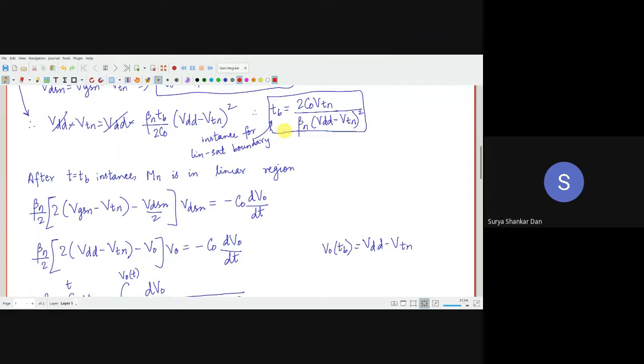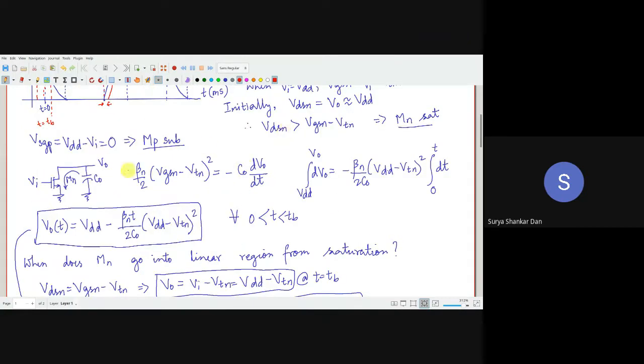All I'm going to do is just notice this relation, minus CO dVO/dt. Why am I calling it minus? Because it is basically the current which is flowing out of the CO. In fact, if we go by the direction of the current, we could have also written CO d/dt of 0 minus VO, looking at the current direction from here to there.